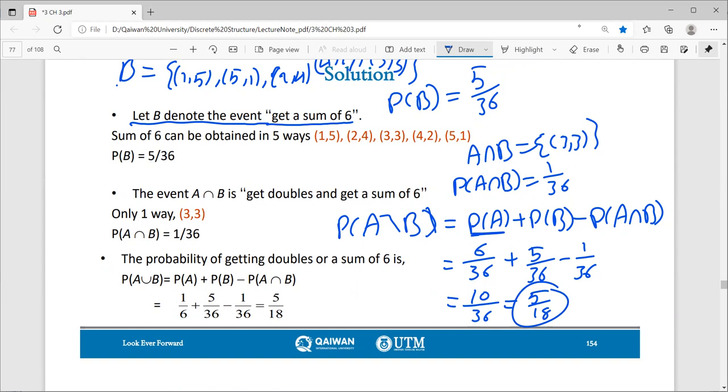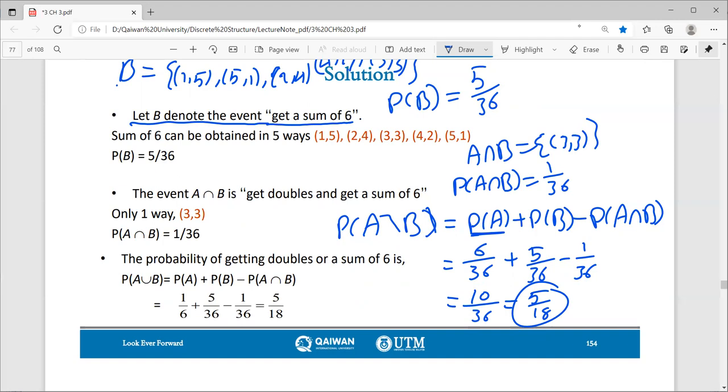That's all. Okay? So here, if there is something common between the events, we say probability of A or B equals probability of A plus probability of B minus probability of their intersection.